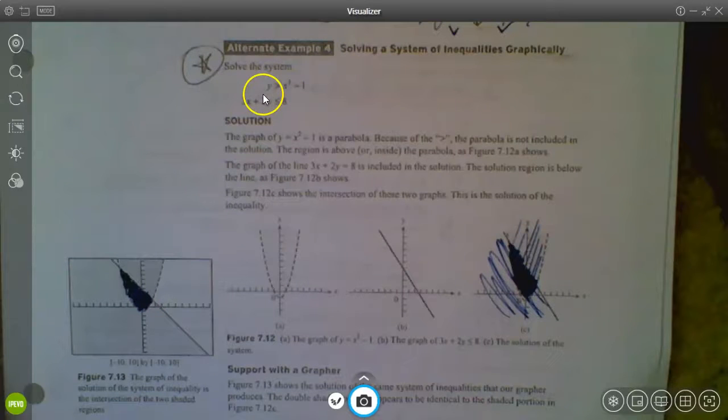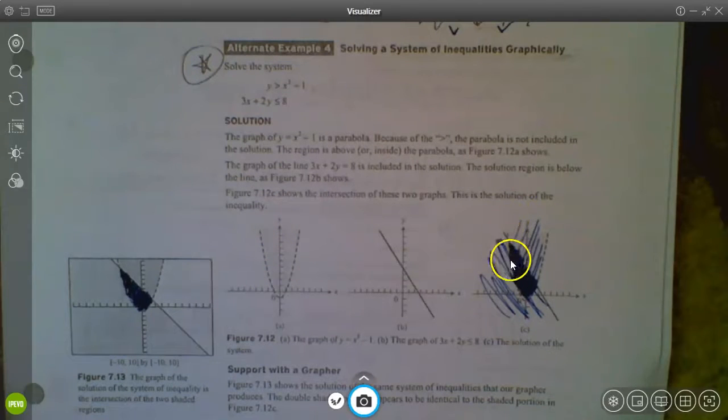So we started out by just shading this parabola right here. So again, it's a parabola that was shifted down 1. It was dotted because there's no equal sign, so it looked like this. And this one, because it says y is greater than, would have been shaded all over this interior portion of the graph, right?